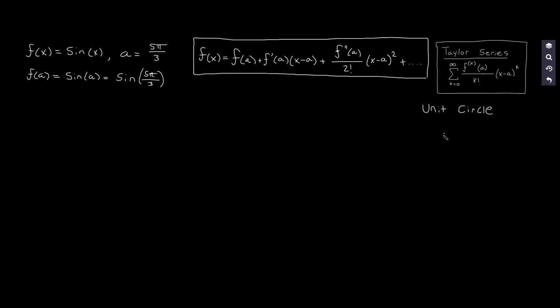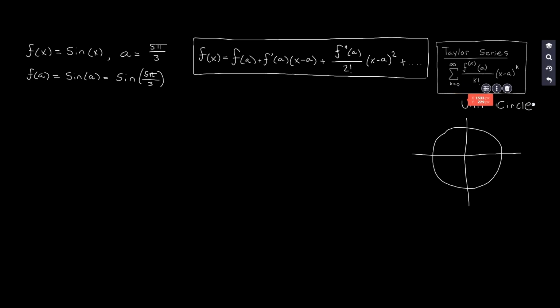Now, over time, I've actually grown to really like the unit circle just because it's very convenient. So here's our unit circle, right? Let's clean this up a bit. Let me just put this over here, okay?